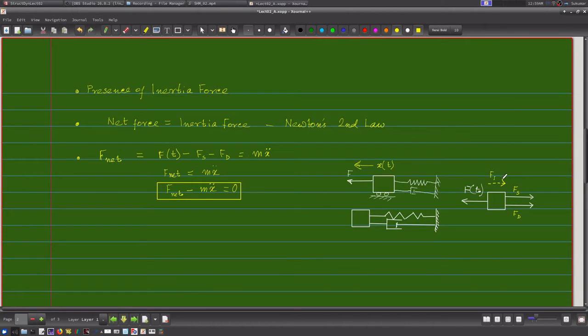And this principle, that the inertia force will act in a direction opposite to the direction of acceleration, in addition to all other forces, is called D'Alembert's principle. So by using D'Alembert's principle, we can easily write the equation of motion.